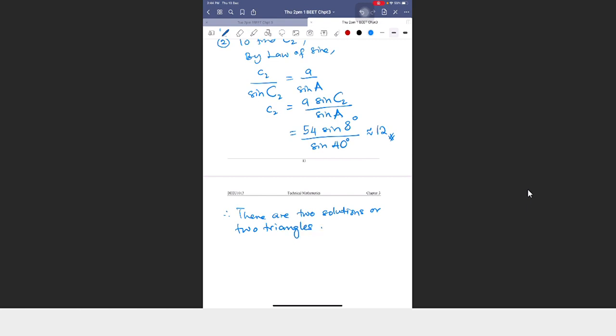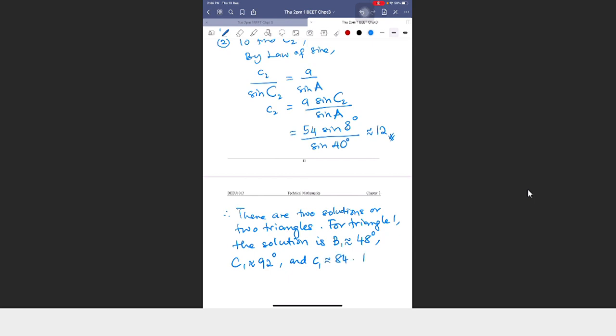For triangle 1, the solution is: your B1 is 48 degrees, your C1 you computed as 92 degrees, as well as your small c1 roughly 84 unit length.